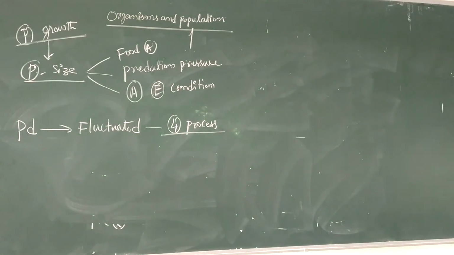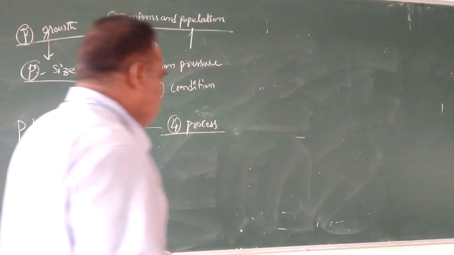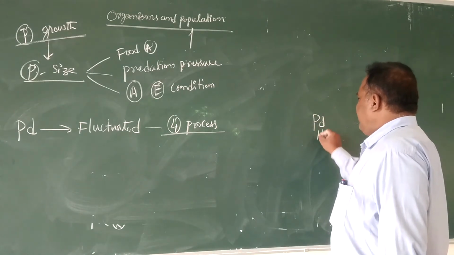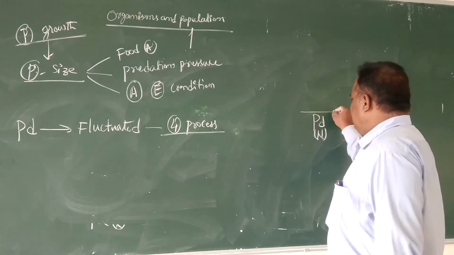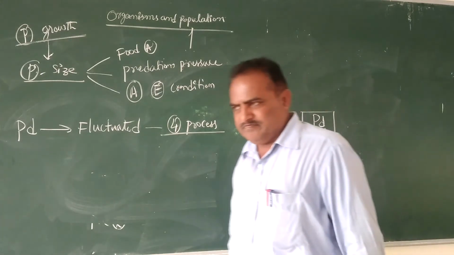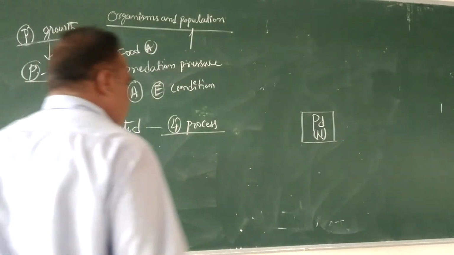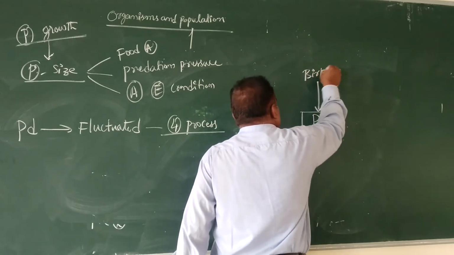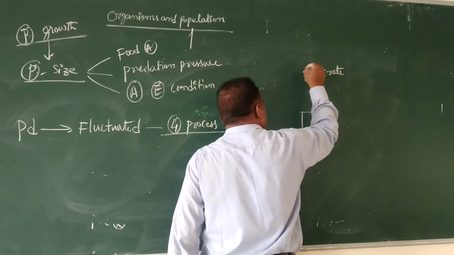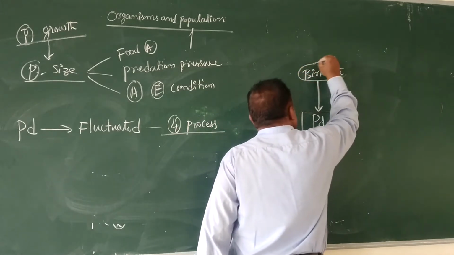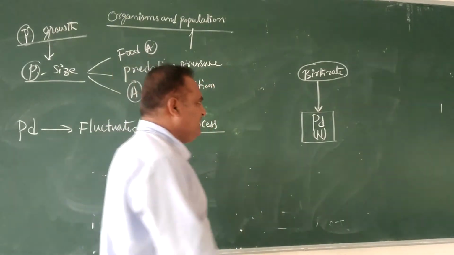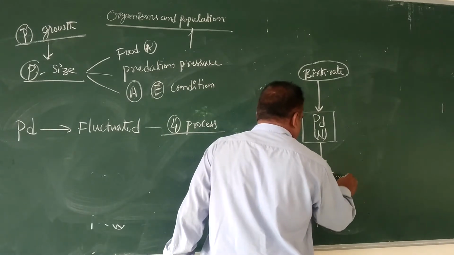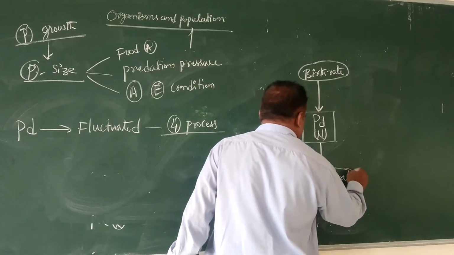Population density, denoted as N, depends on birth rate, which is also called natality, and on death rate, which is also called mortality.